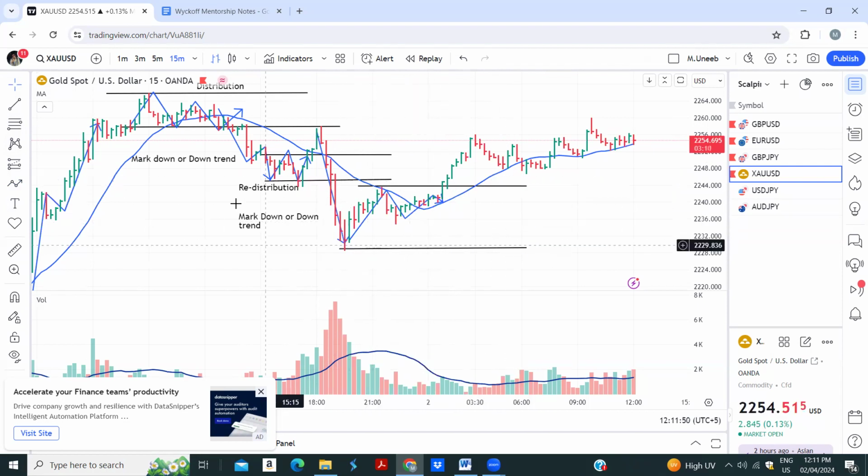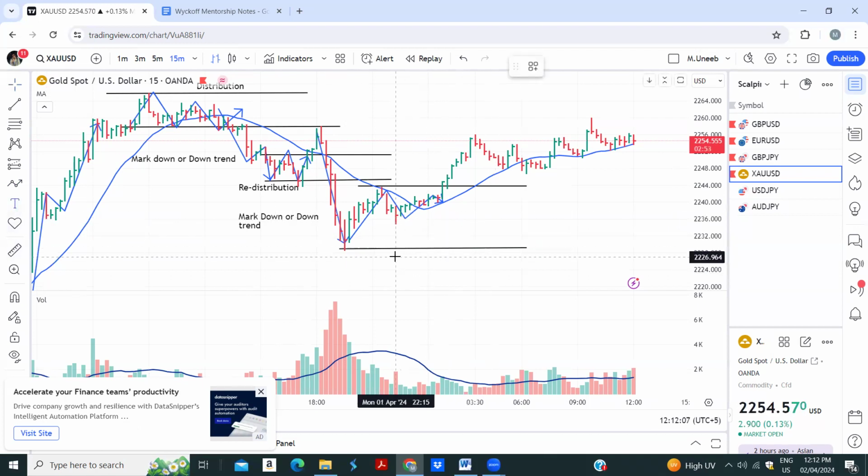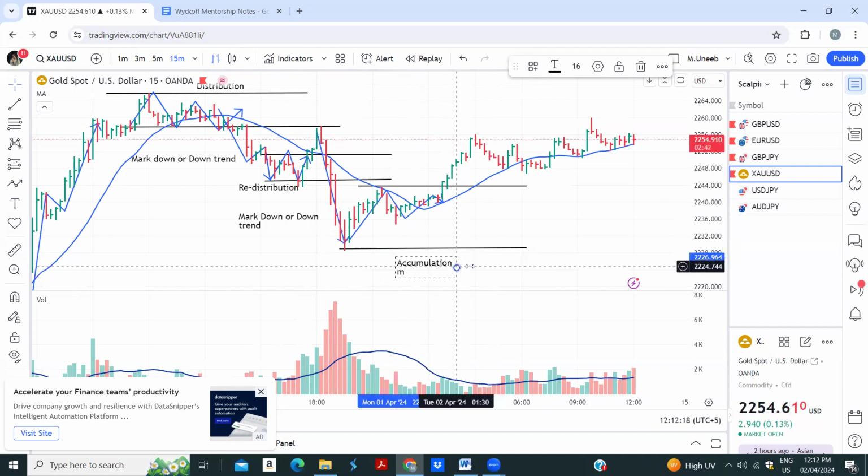We can say that the supply is equivalent to demand, and the price is moving in a sideways, consolidation, ranging market. The price is basically in equilibrium because the supply is equal to demand. The smart money here is quietly accumulating the shares at lower prices. We call this process accumulation. So you see that the cycle repeats itself again and again over the chart.